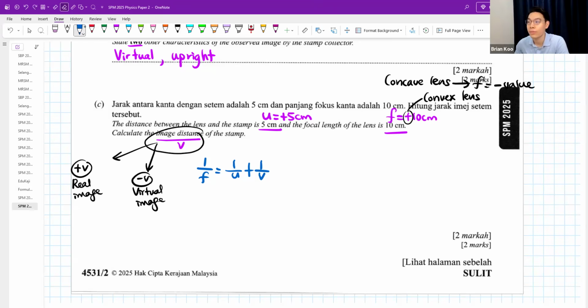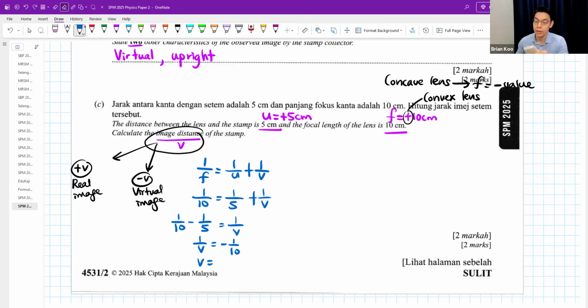So F is 1/10, the U value is 5, everything is positive, and then I want to find V. So what we do is we take this minus, and let's see what we get. I get negative 1/10.